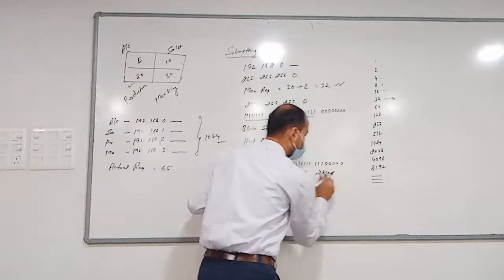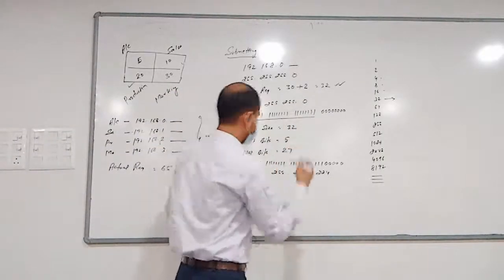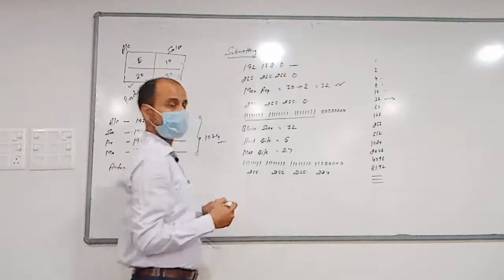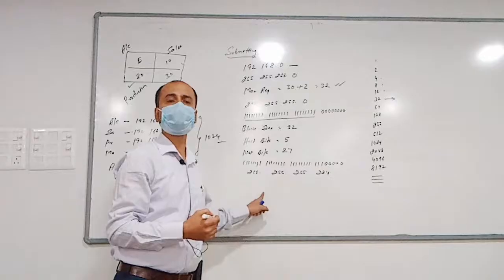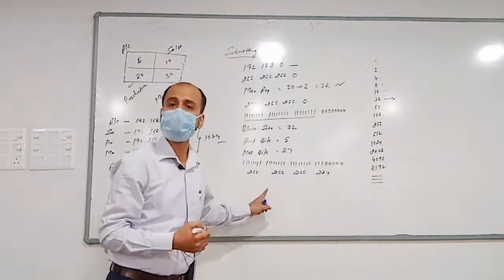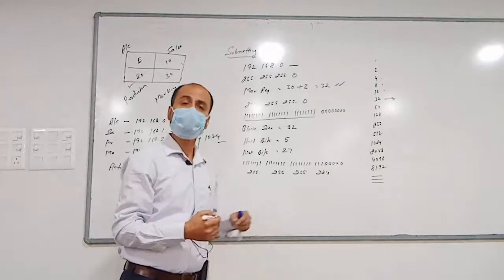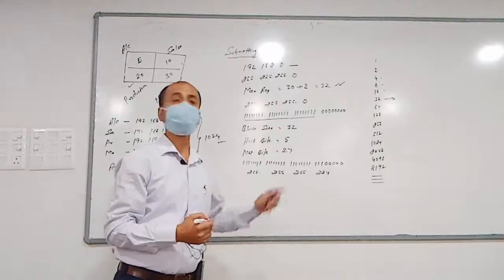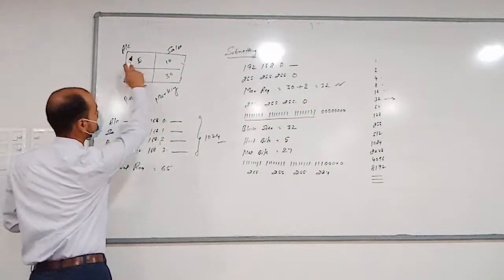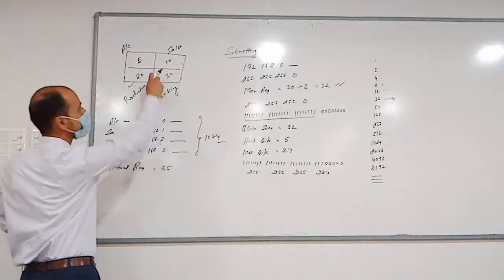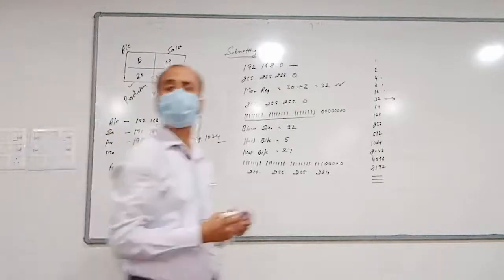Now it is 224. This subnet mask will be used in each subnet, means for these departments: this subnet, this subnet, this subnet, and this subnet. Correct?